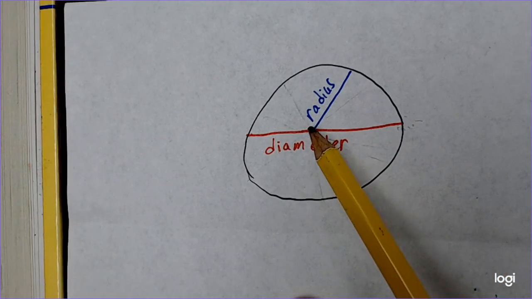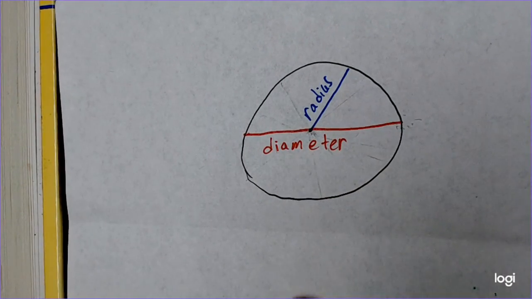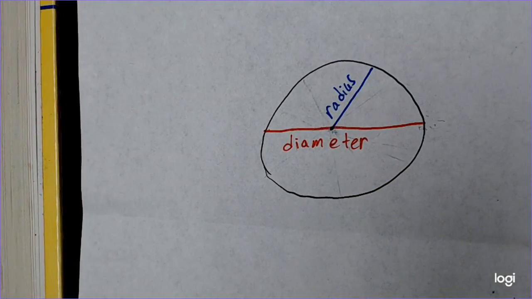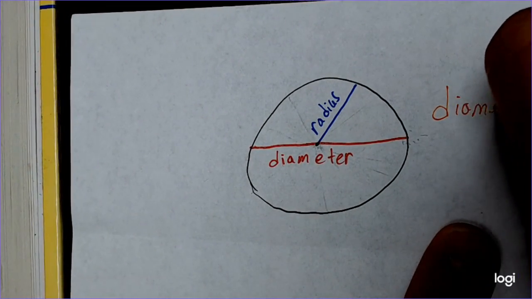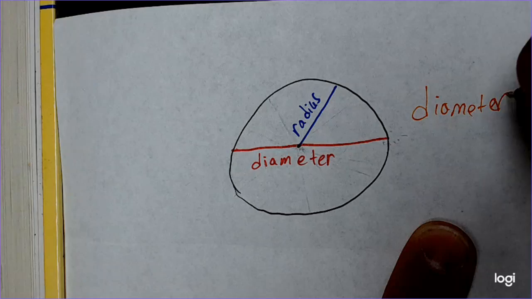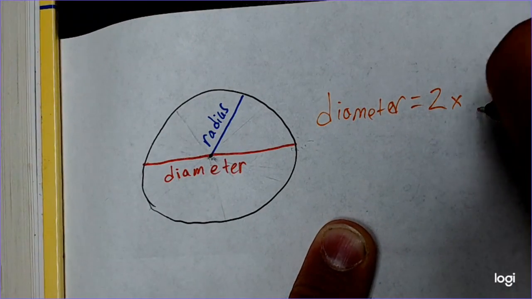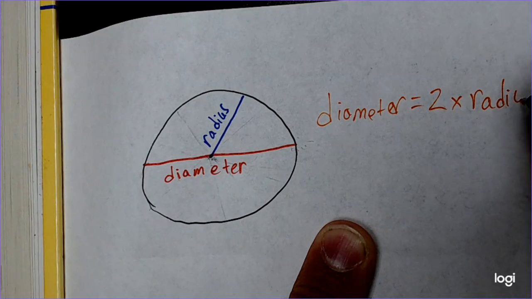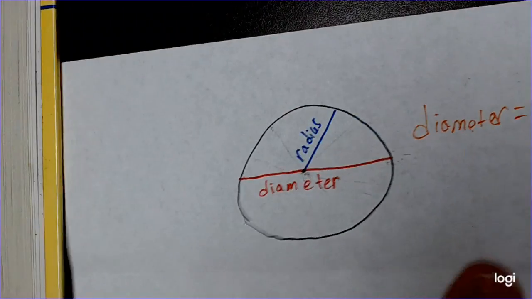And if we look at the other half of the diameter, we've got a point from the center that goes to the edge, which is another radius. So this brings us an important fact, which is that the diameter will always equal 2 times the radius, right? So the radius is always half the length of the diameter, and the diameter is always twice the length of the radius, okay?